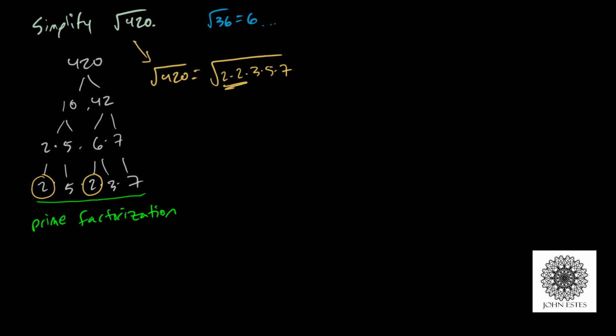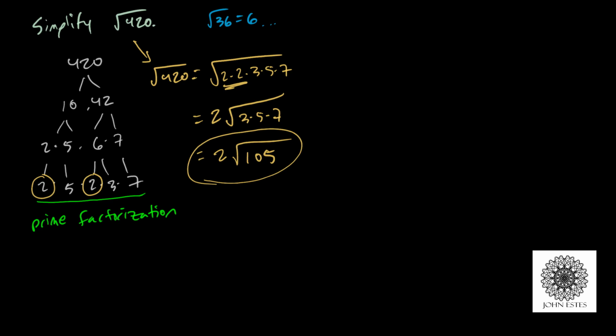The 2 shows up twice, so I can take that outside. I have 2 times the square root of 3 times 5 times 7. So the square root of 420 simplifies to 2 times the square root of 105. So that is a good way to evaluate what the square root of 420 actually is.